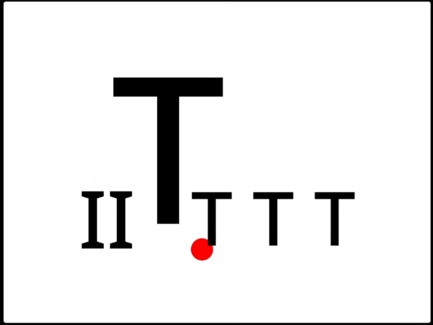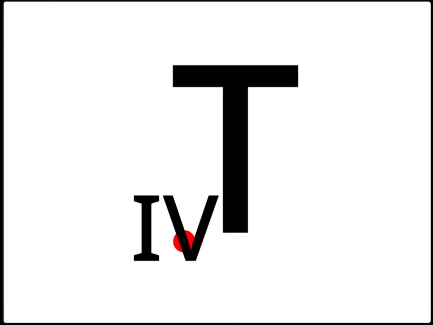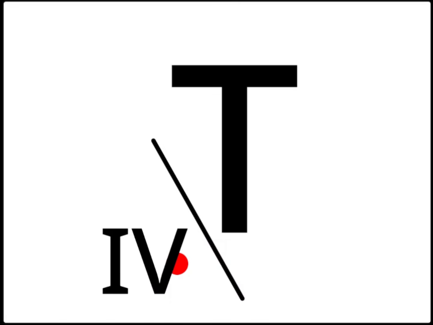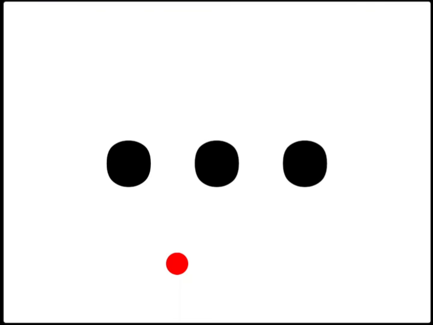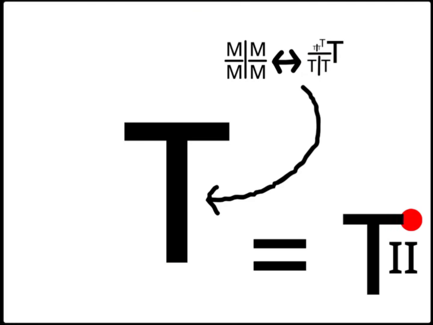So we just keep on doing that till we get to this, which now we have a 3 in the flipped subscript. Now we can just put anything in here. Now we can just do the same thing we did for normal subscript all over again. Once we get to this thing, this is going to be equal to T with a 2 here. So you can imagine how we do it here. We just do the same thing all over again with the subscript in a completely different position.